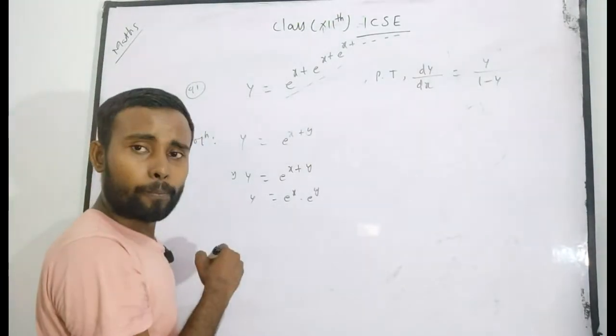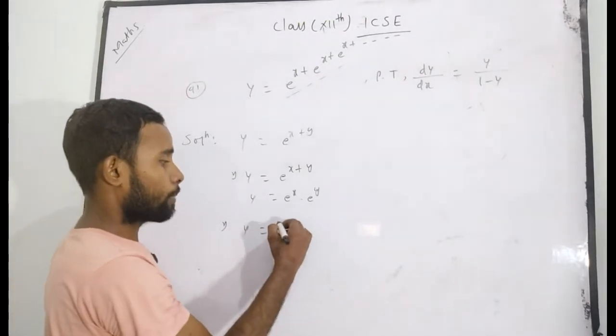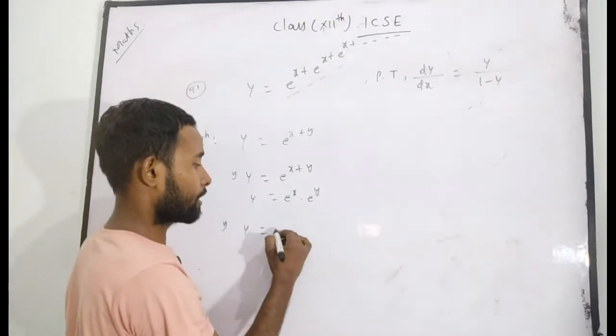Now you have to differentiate on both sides with respect to x. It will be y is equal to e to the power x into e to the power y.